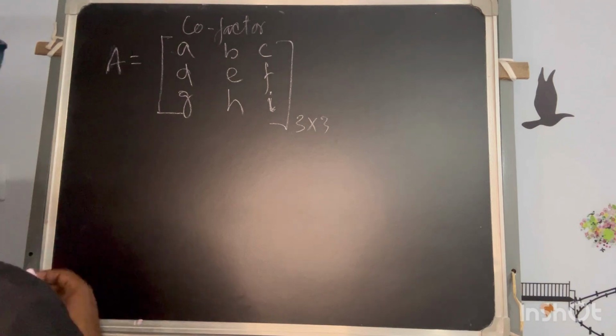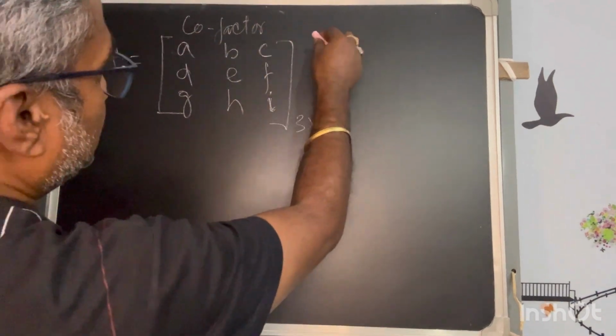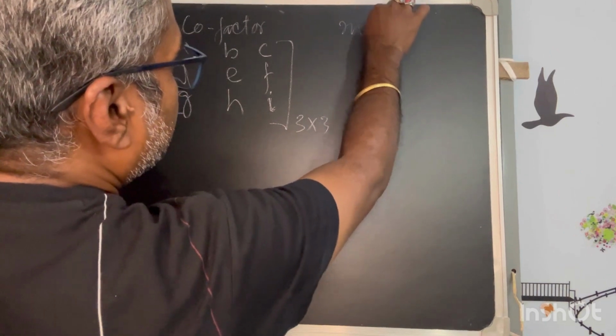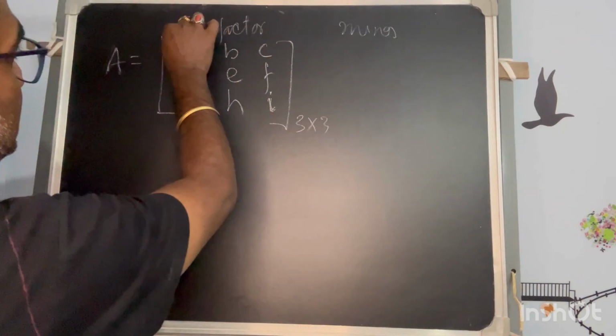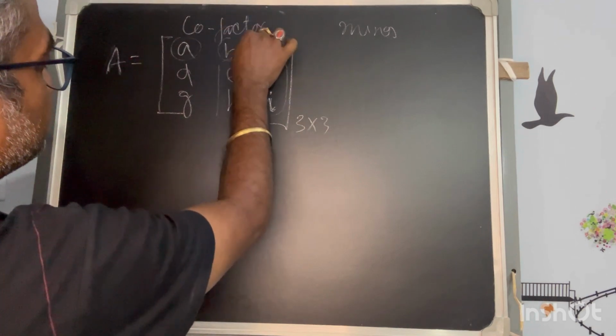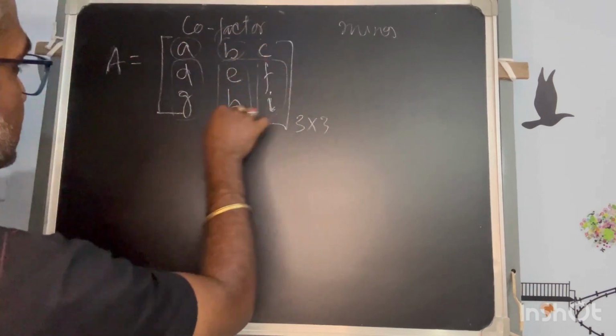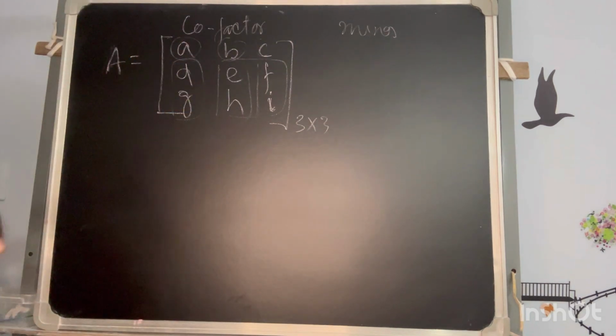So now, as I said, prior to that we have described minor. This element has a minor of this, and accordingly this element has a minor of this, and so on. So each element has its own minor.